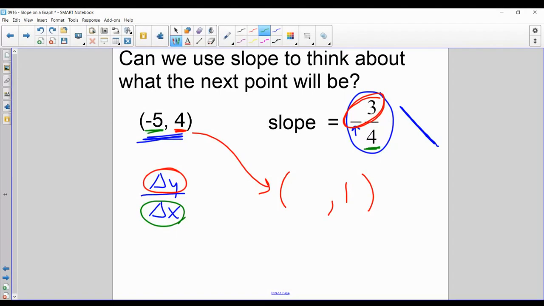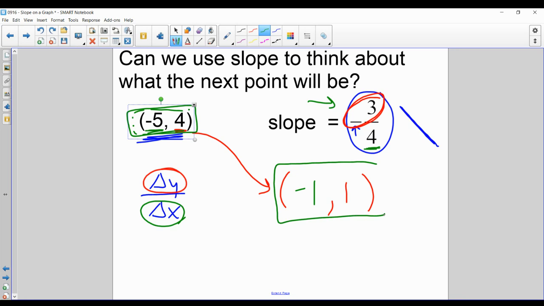So I have negative 5 plus 4, which is negative 1. So going from my original point and using a slope of negative 3/4, I'm going to get this point next.